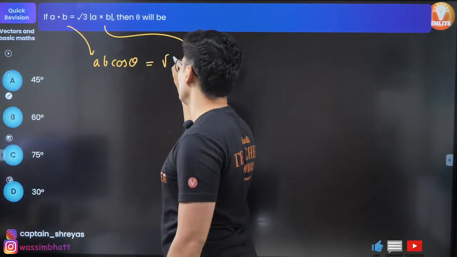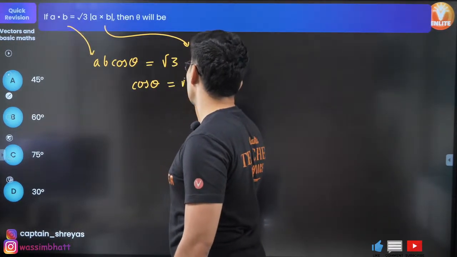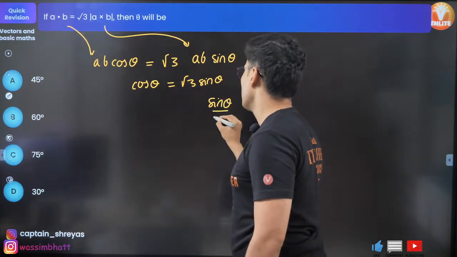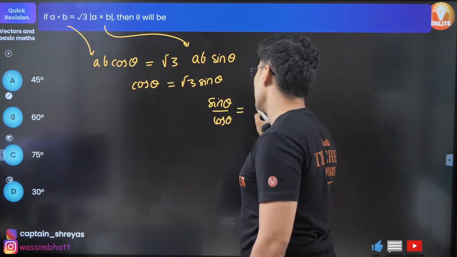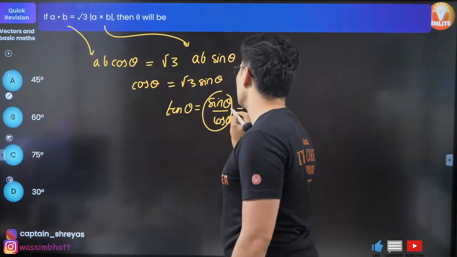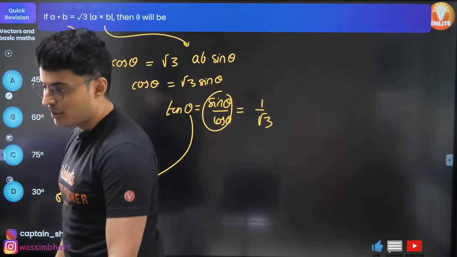And this is root 3 times of that. AB got cancelled. So cos theta is root 3 times of sin theta. So sin theta by cos theta is 1 by root 3. This is tan theta. So tan theta is 1 by root 3. Naturally, theta is 30 degrees.